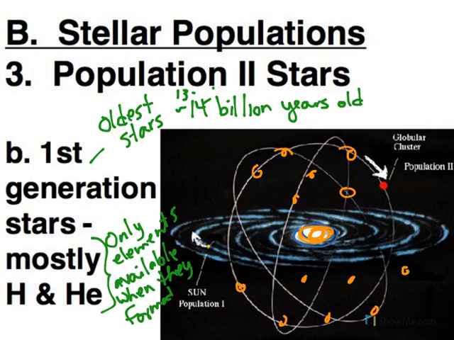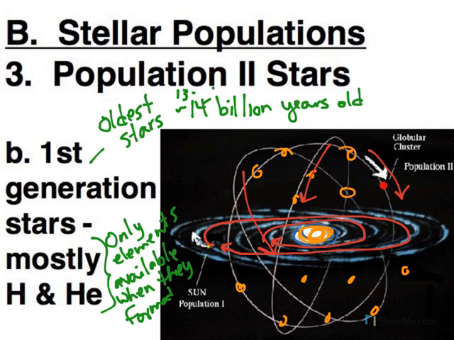There is another distinguishing characteristic between the two, and that is their motion. Stars in the disk, the population 1 stars, move in nice, neat, orderly orbits around the central bulge. They all move in the same direction. Out in the halo, it's much more random.